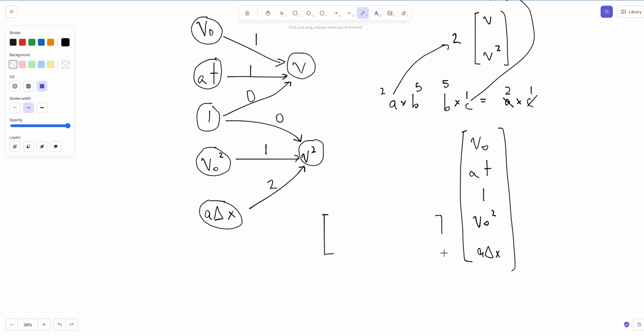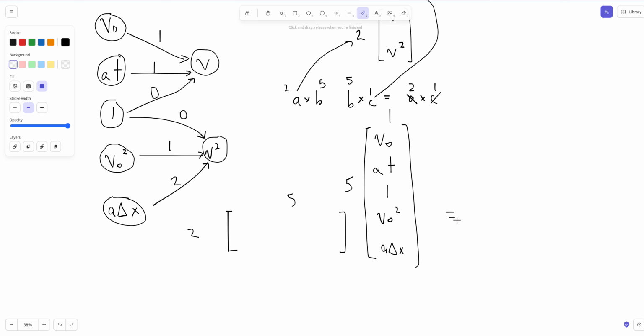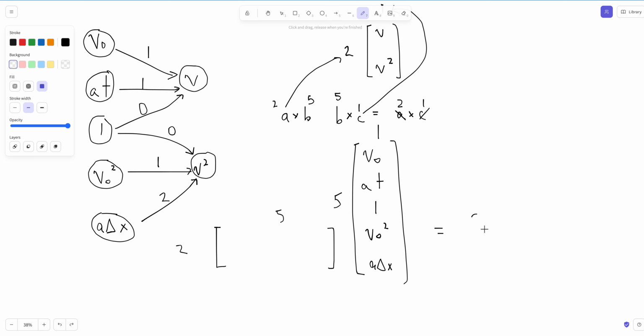So we have 2 by 5. And here we have 5 rows and 1 column. And the output of this is V squared, which is 2 by 1.